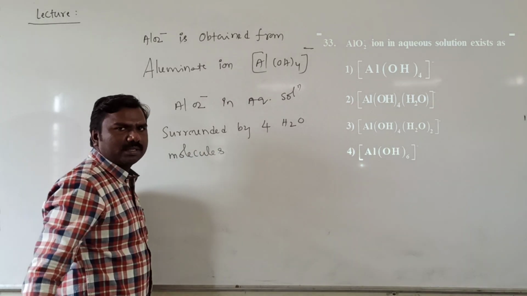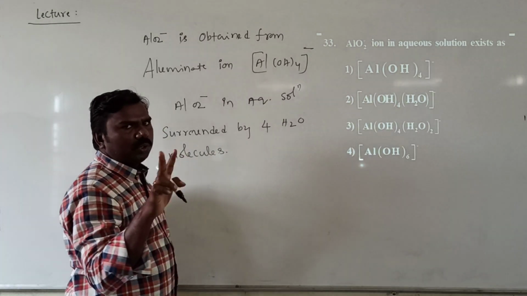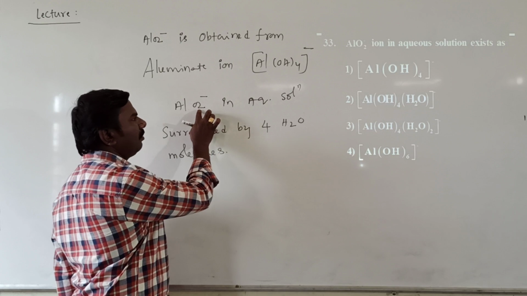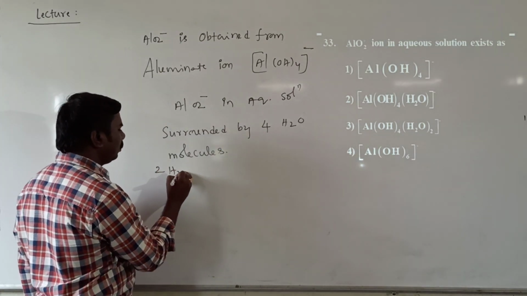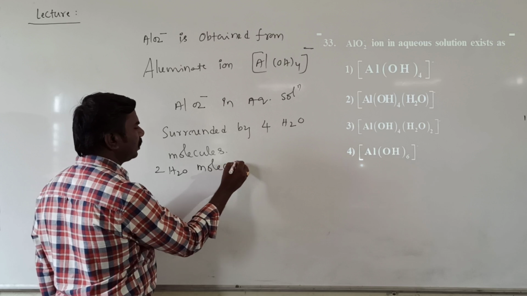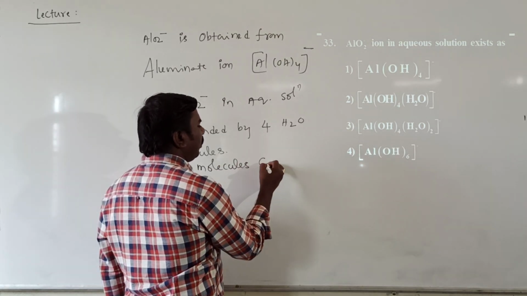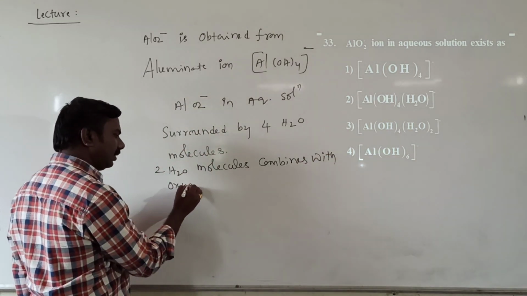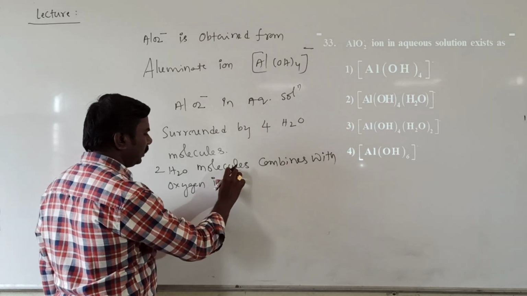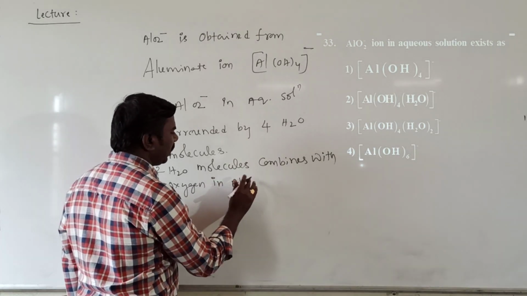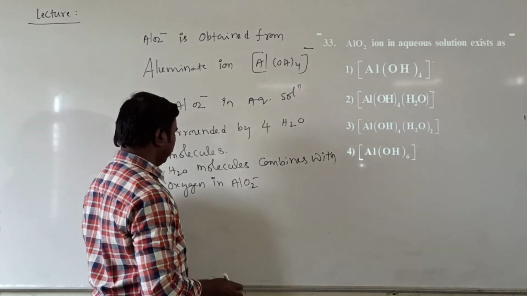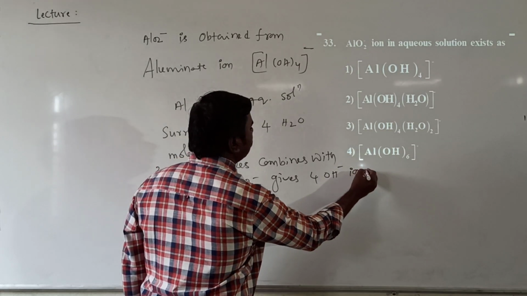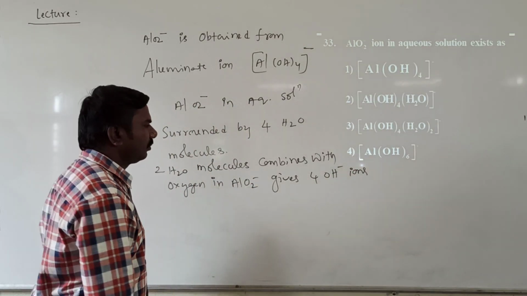Among these, 2 H2O molecules combine with the 2 oxygens in AlO2 minus to give 4 OH minus ions, the hydroxyl ions.